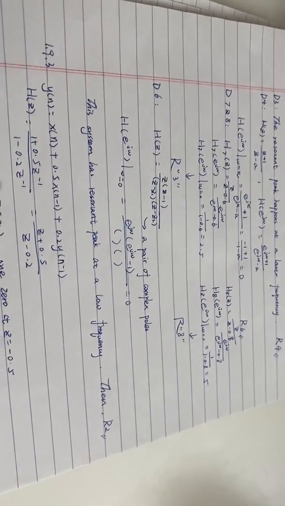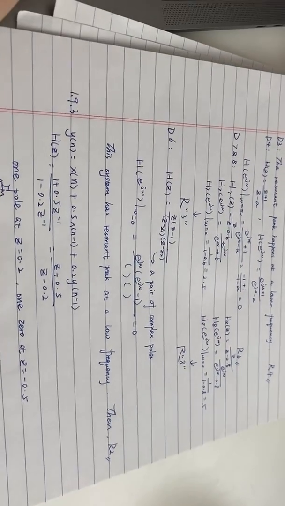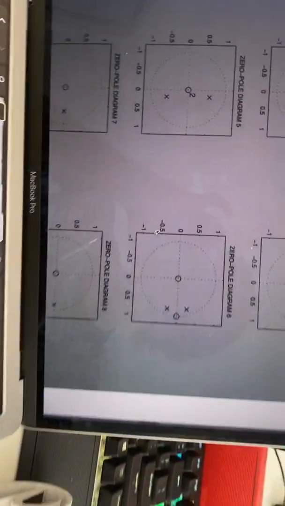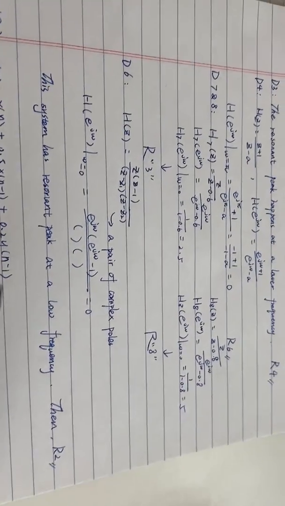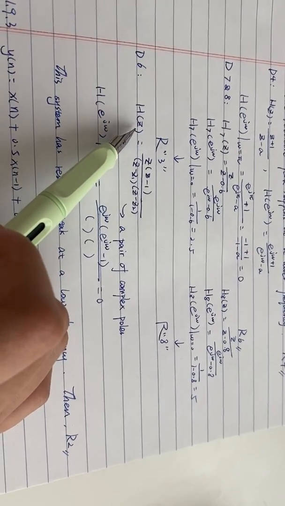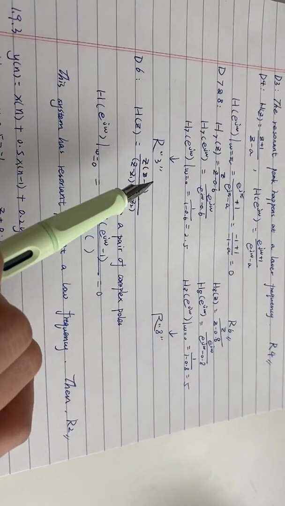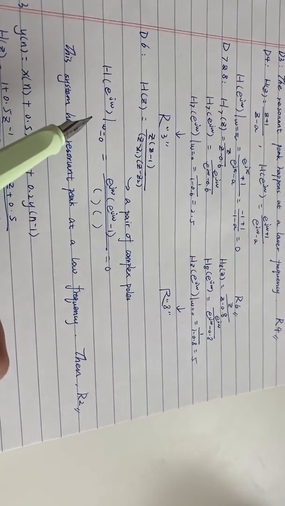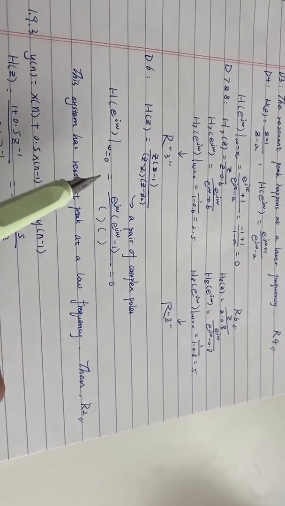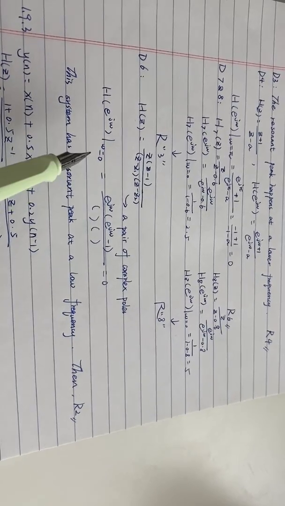And the last one is D6. Here's a diagram with 2 zeros and 2 poles. You can write down the big H with the positions of the poles and zeros, and then the Fourier transform becomes this kind of thing.